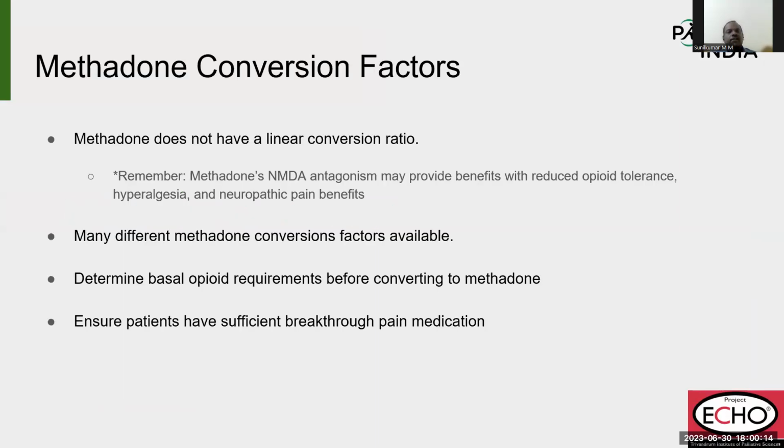And now we are moving on to conversions. The first thing is that methadone doesn't have a linear conversion ratio. That means, suppose a patient is on 100 milligram of tramadol, and you want to convert this patient to morphine.